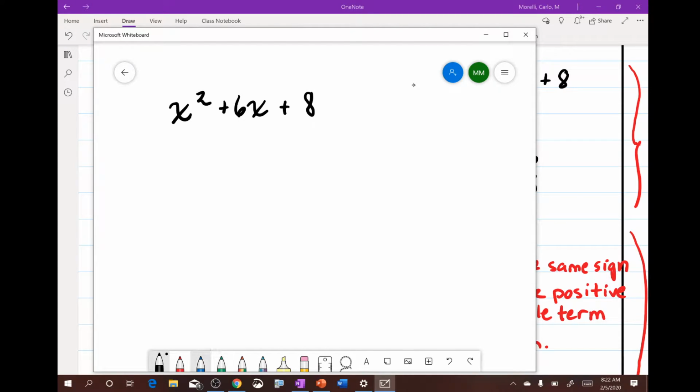We need to identify A, B, and C. The way you identify it is the expression should be written ax squared plus bx plus c. So take a look at the expression and tell me what you think the a value is.